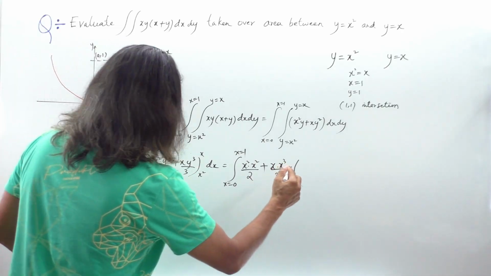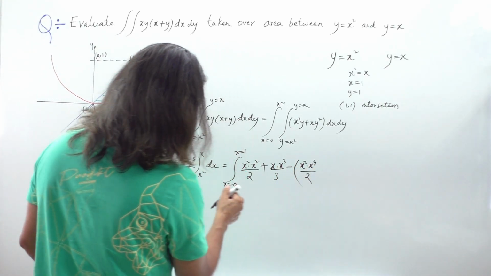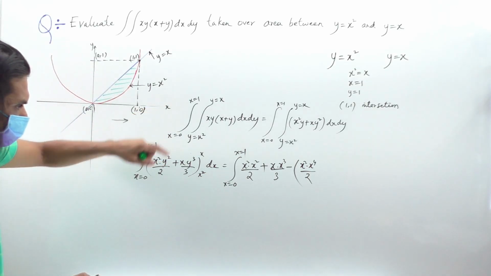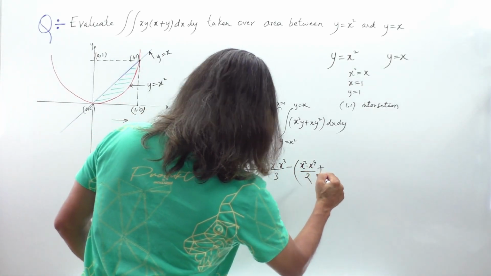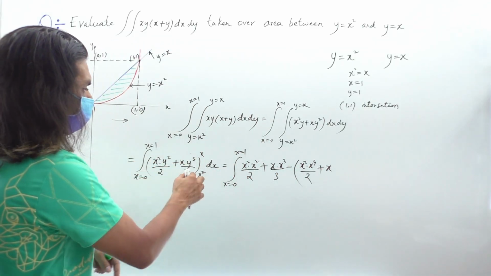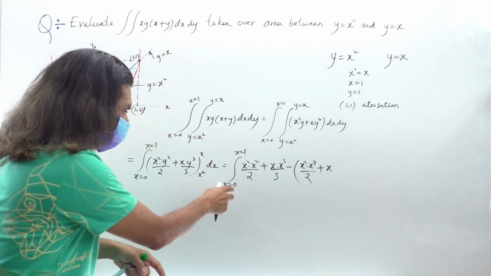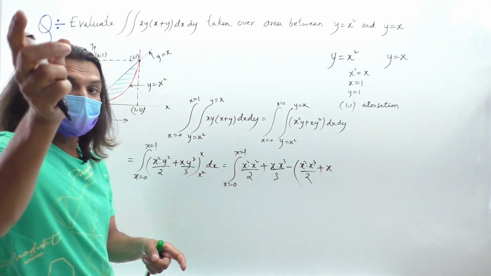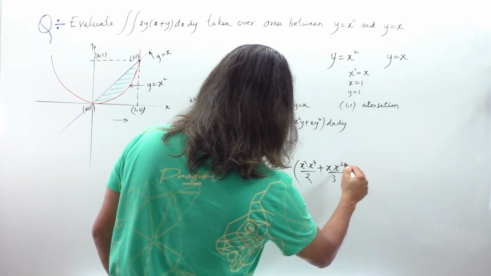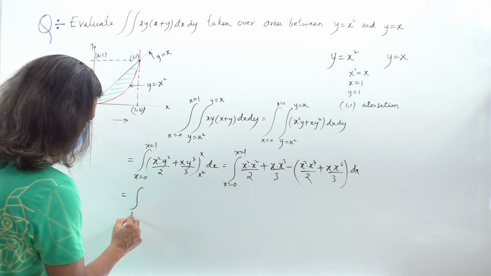In place of y, put x square. So this will be x square into x raised to 4 by 2, because in place of y, putting x square gives x raised to 4. Again plus x into, in place of y put x square, so x square cubed. The powers multiply, so x raised to 6 by 3. Done. Now again simplify this.